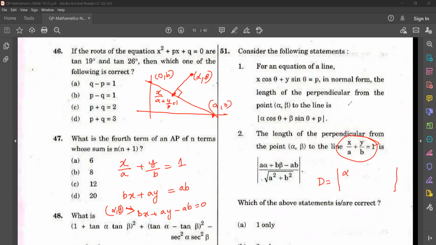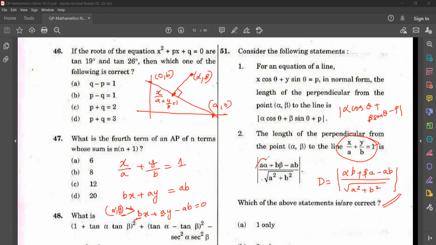Alpha cos theta plus beta sin theta minus p. Similarly, I am writing here alpha into b plus beta into a minus ab divided by root of a square plus b square. Alpha b plus beta a minus ab by root of a square plus b square. Okay, so that is the distance.